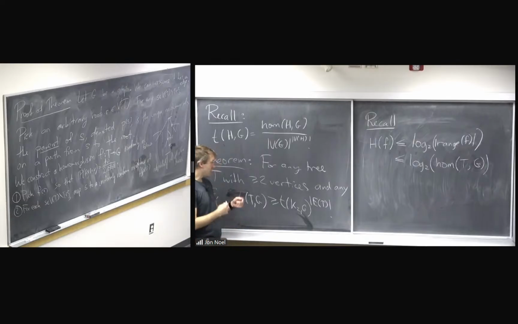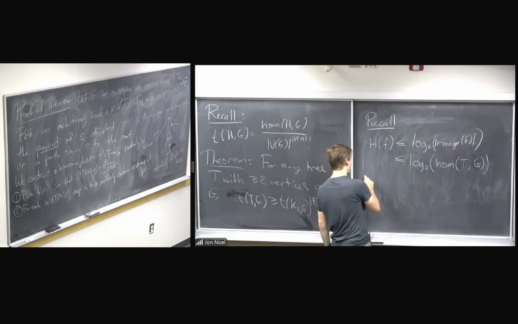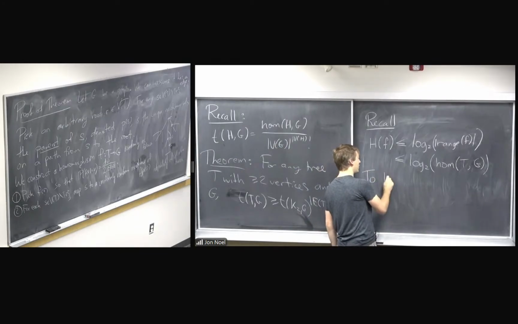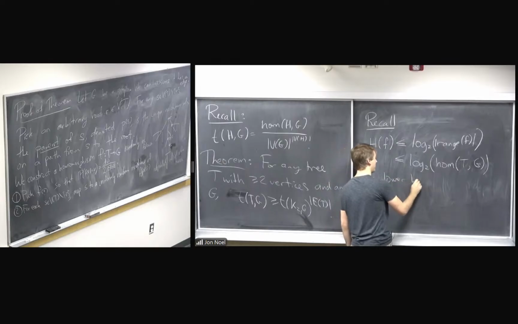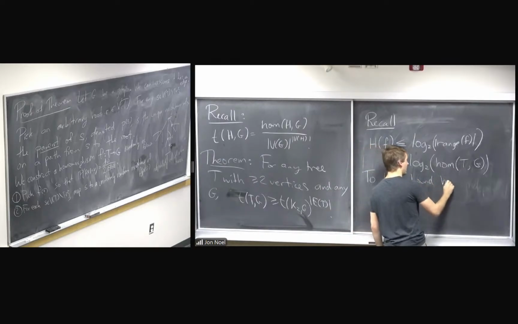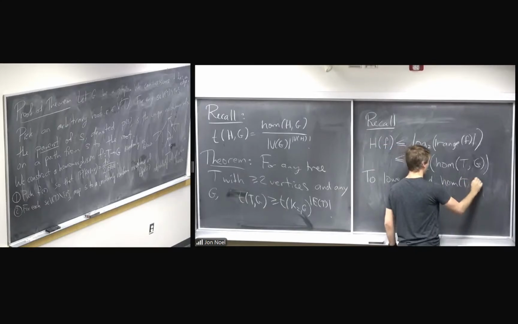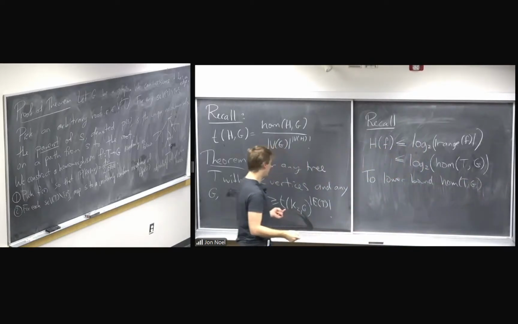So this clarifies what we want to do, because this homomorphism density is basically the same thing as the number of homomorphisms, just normalized, right? So it's a lower bound, this number, which is essentially the same thing as the density.